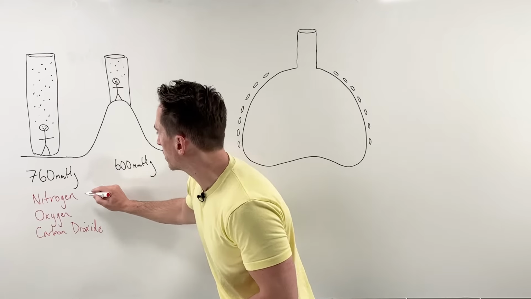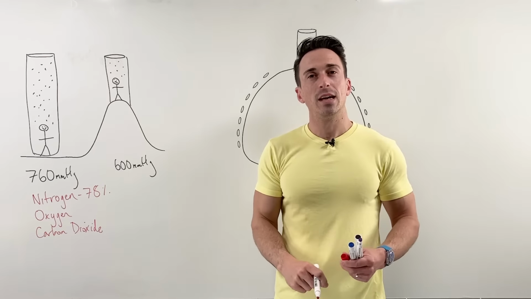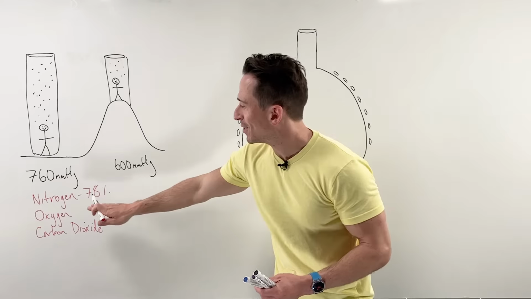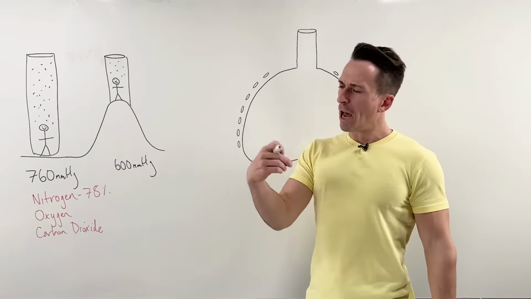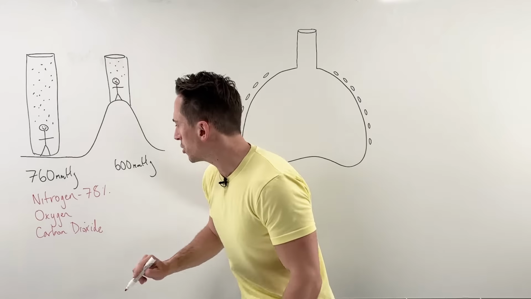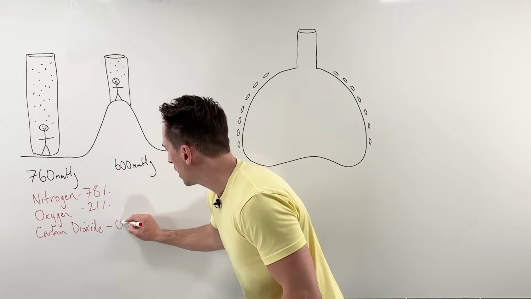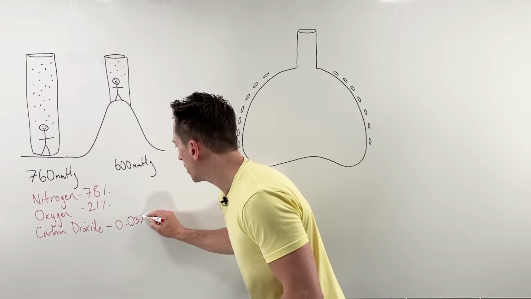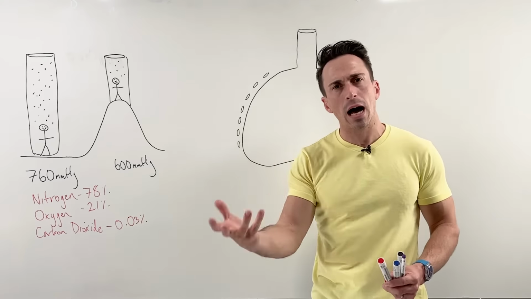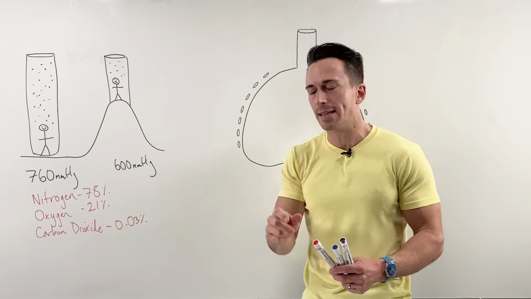So 78% of all the gases around us is nitrogen, but we never talk about our body using nitrogen. I can talk about that shortly. Oxygen is 21% of the entire atmosphere, and carbon dioxide is 0.03%. The remaining are what we call trace gases, like argon, for example. We don't need to talk about those. These are the three main gases in the atmosphere.